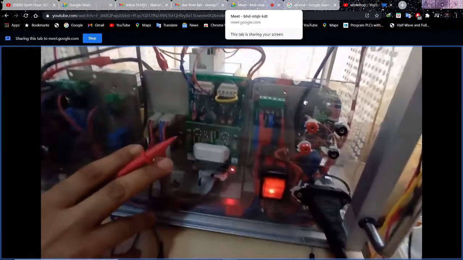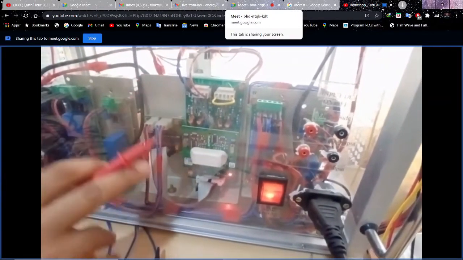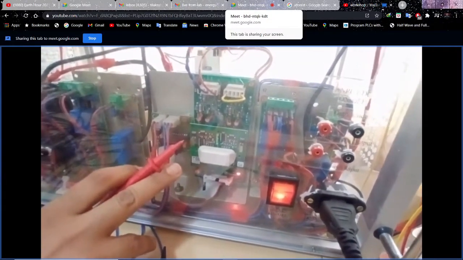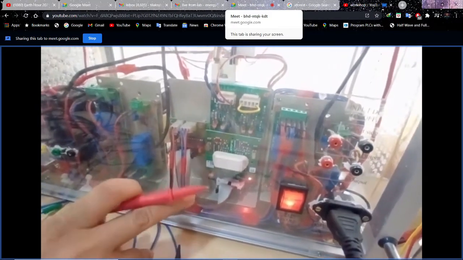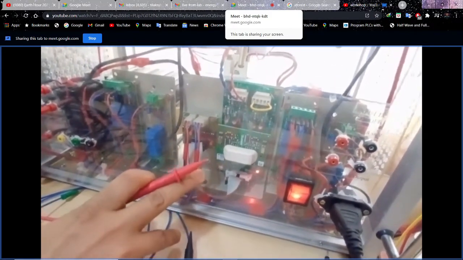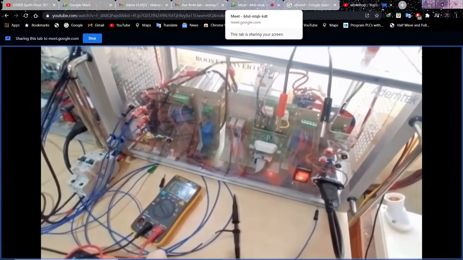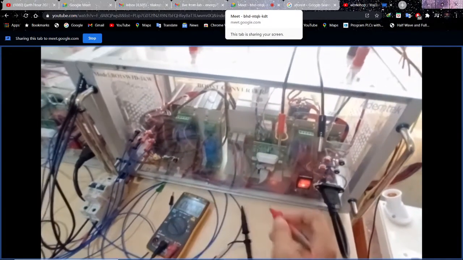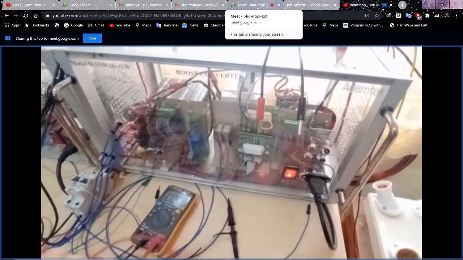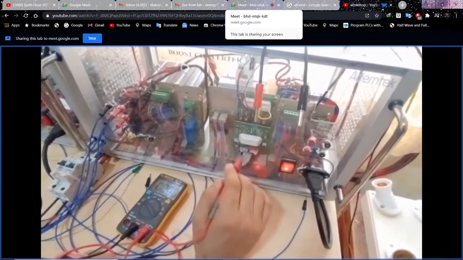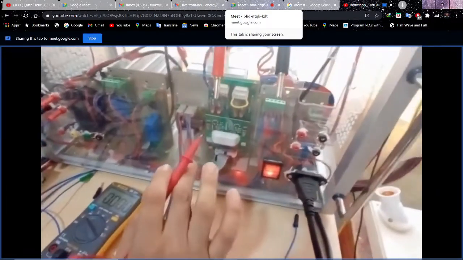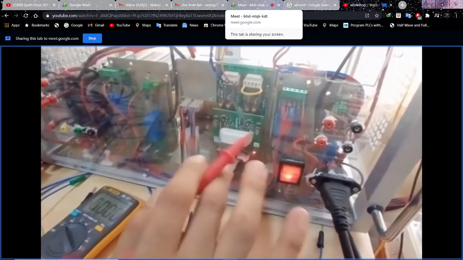This basically drives the gate. Whenever we control the duty cycle, we will show you a little later how we control the duty cycle, and what will happen when we minimize or maximize it. Before that, let us understand the circuit here.